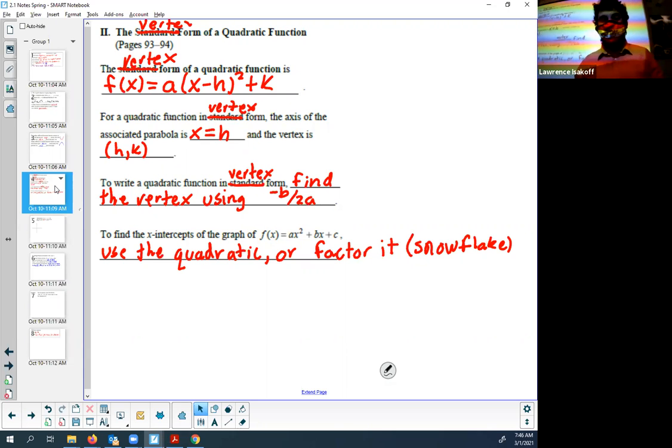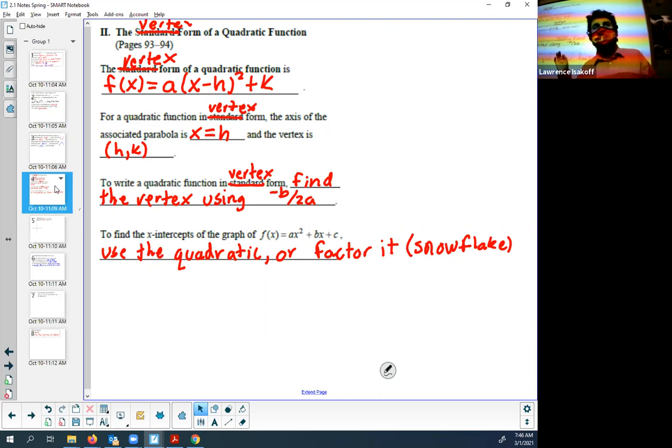That's because that is what we're doing. When we were shifting our quadratic functions, we were specifically moving the vertex of it. So vertex form gives us the vertex will be h comma k, and that axis of symmetry is always going to be h. So again, kind of relating that back to what we did in chapter 1.